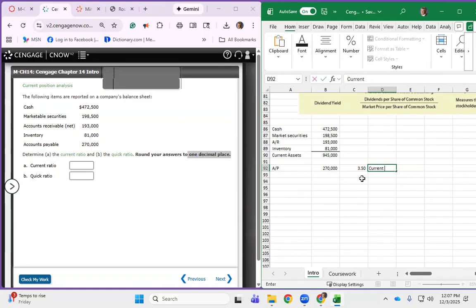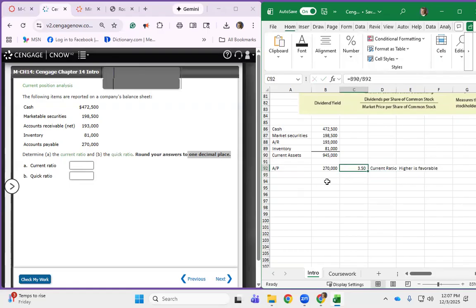What this means is, by the way, this current ratio, the higher, more favorable. Higher is favorable. That means if it goes lower, it's unfavorable.